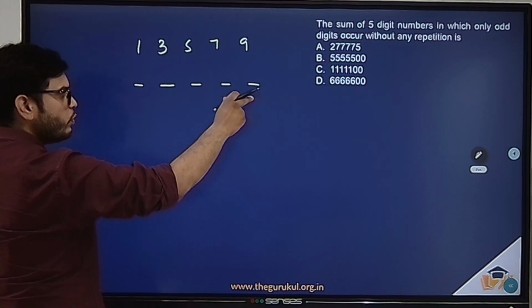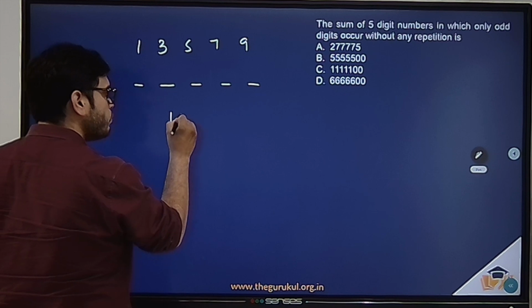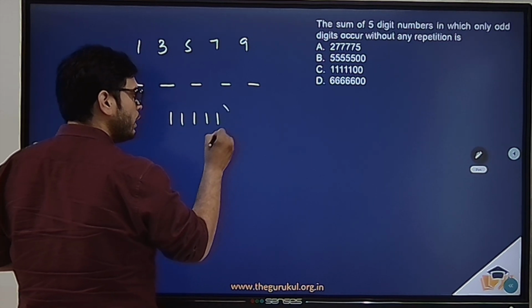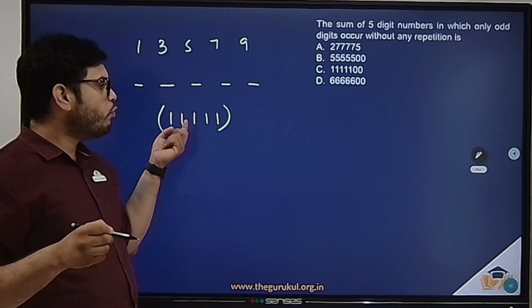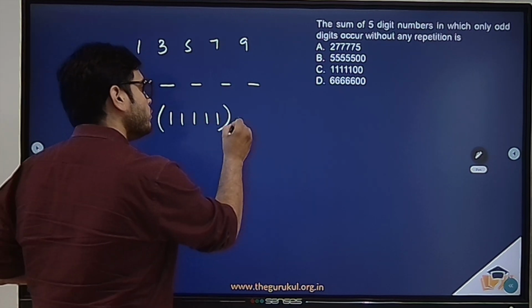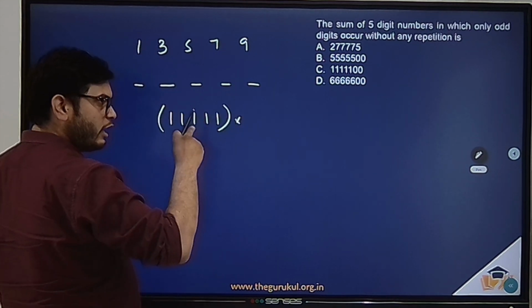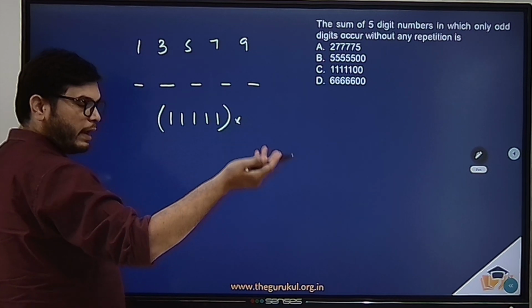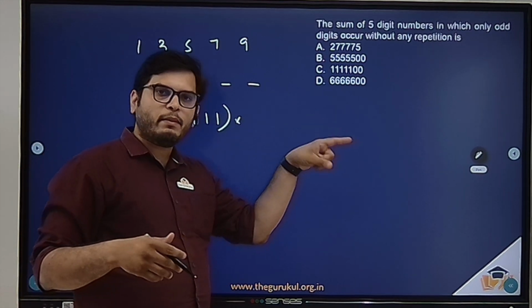See how many digits do we have? 5 digits. So I'll place 1, 2, 3, 4, 5 ones: 11,111. Now if there are n digits, you should be multiplying this with (n minus 1) factorial.